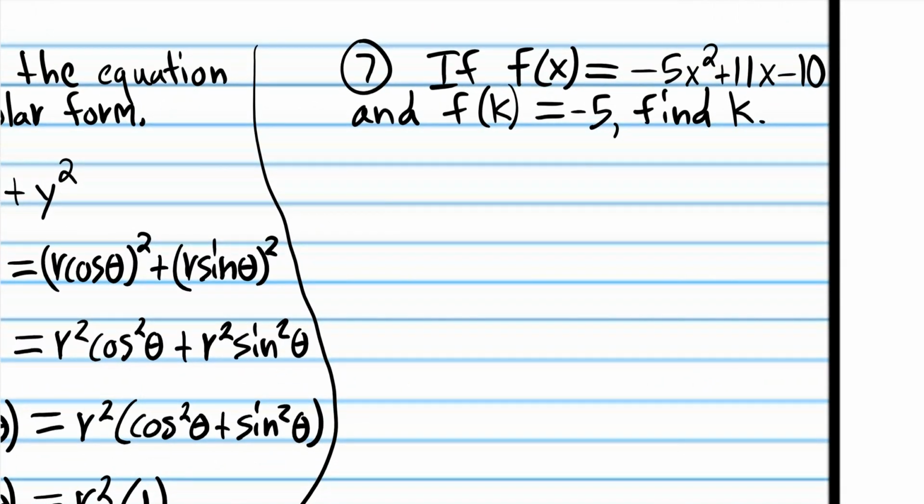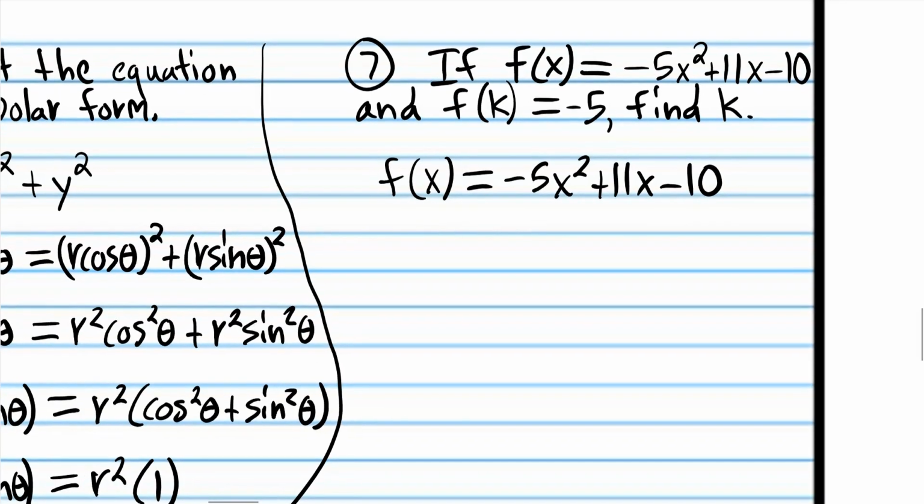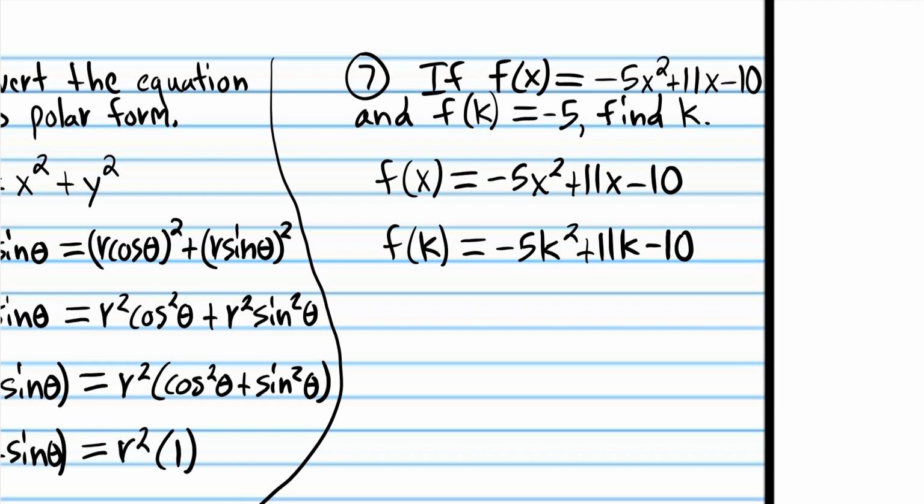Okay, we're back. So, we're told that f of x is equal to negative 5x squared plus 11x minus 10. But if that's true, then f of k is equal to negative 5k squared plus 11k minus 10, because we're just plugging in something different rather than x.